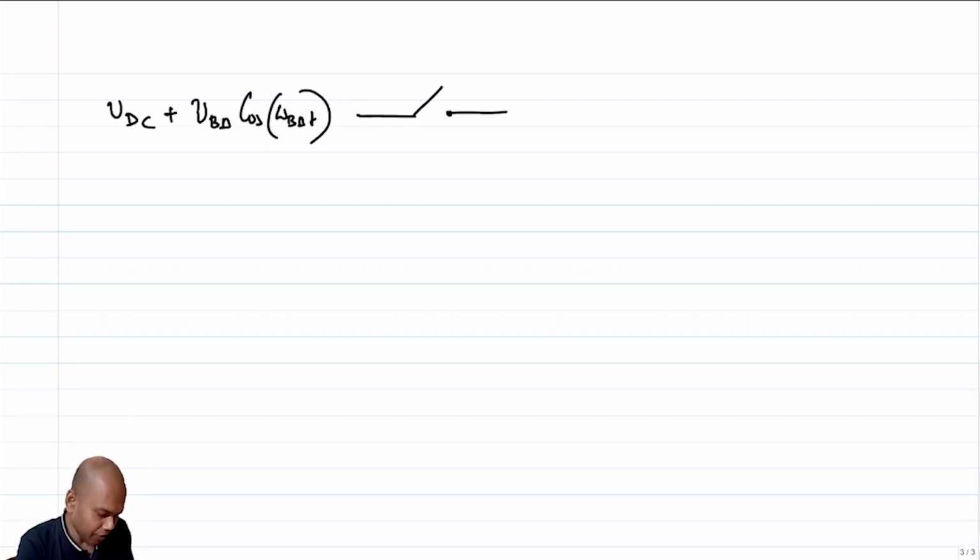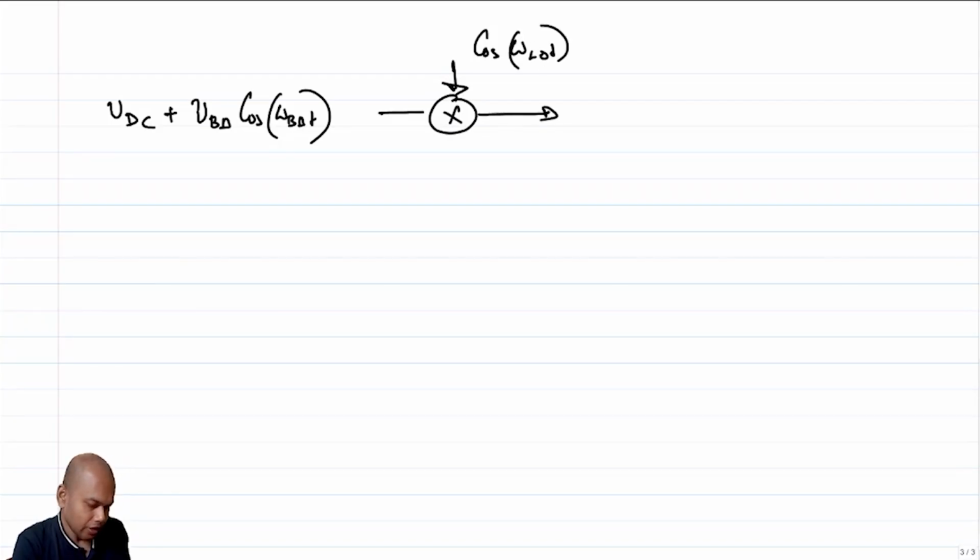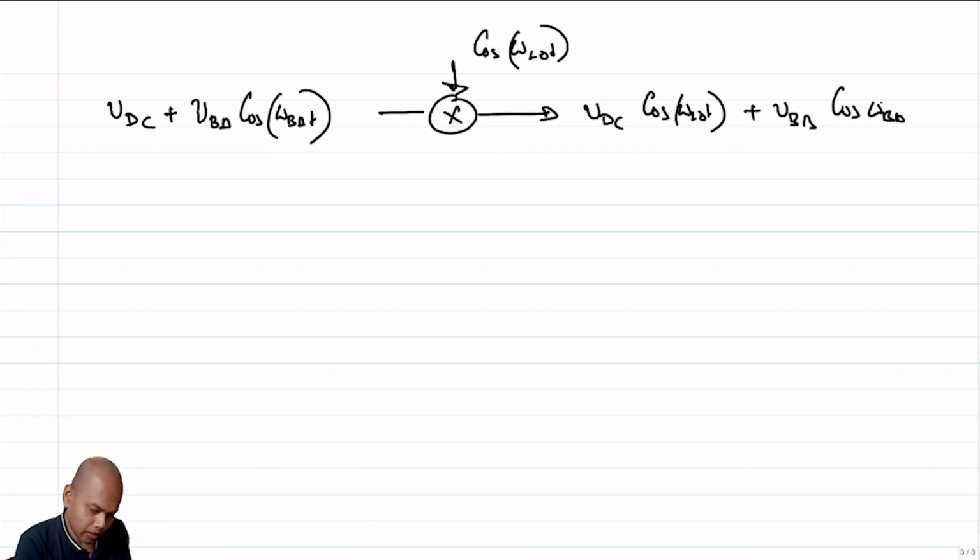If I simply multiply with a sinusoid, or rather in this case a cosinusoid, cosine omega LO t, what do I get? I get VDC cosine omega LO t plus VBB cosine omega BB t times cosine omega LO t.